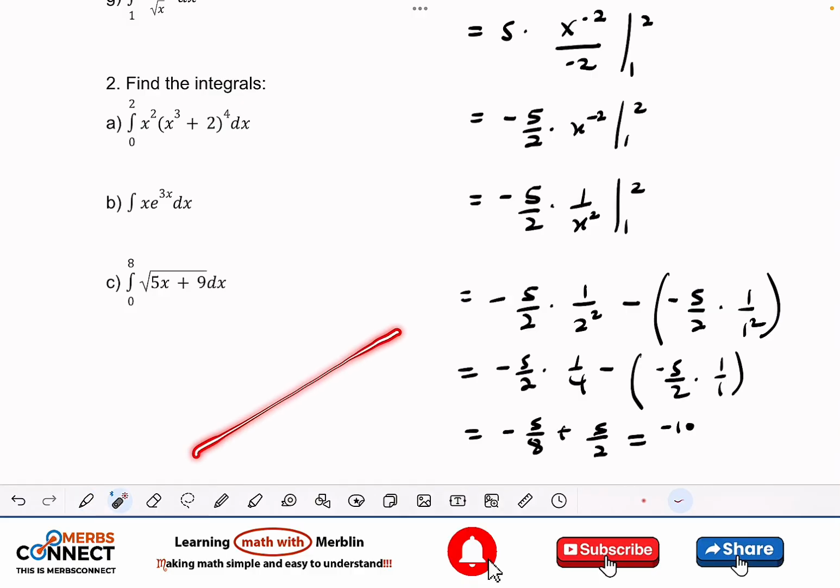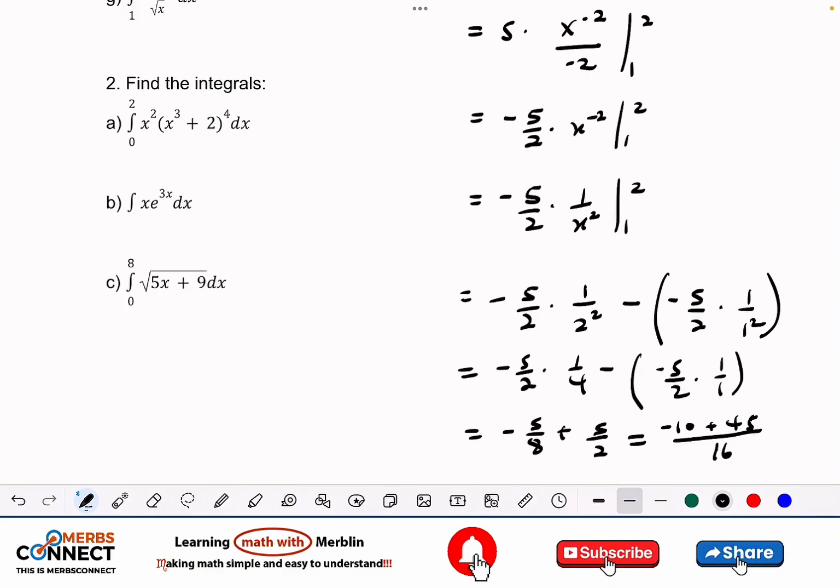Then second, so I'm going to have 5 times 8, which is going to give us plus 40, divided by 2 times 8, which is 16. So that's what you're going to get at the end of the day. Is that right? I believe 8 times 5 is supposed to be 40. Yeah.